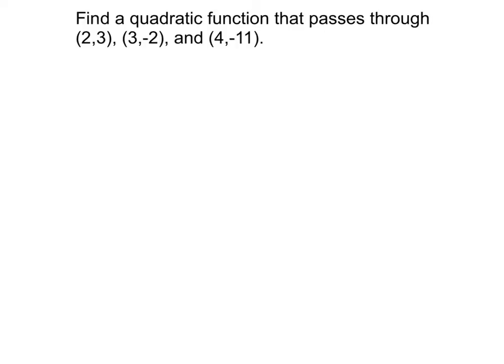Now we want to apply the procedure I just went over to be able to find a quadratic function that passes through three given ordered pairs. So in this example, I've given three different ordered pairs. We have (2, 3), (3, -2), and (4, -11). And we're trying to find a quadratic function that passes through those three given points.